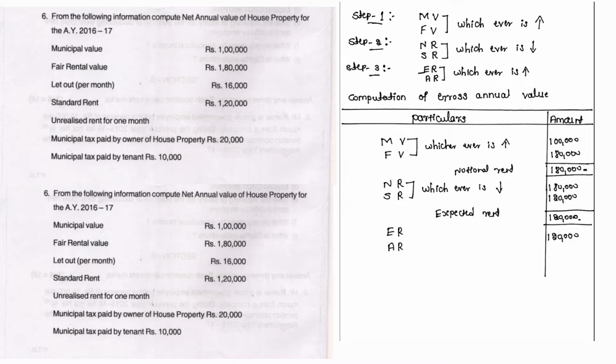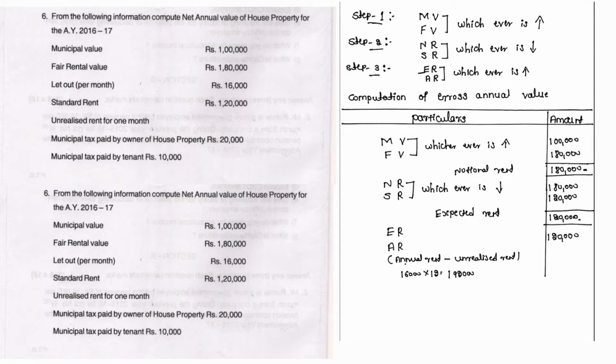To identify that actual rent, we have a formula. The formula is annual rent minus unrealized rent. So annual rent we have to identify. Per month rent they have given, that is 16,000 per month, means for 1 year how much? You will get 1,92,000 as your annual rent.